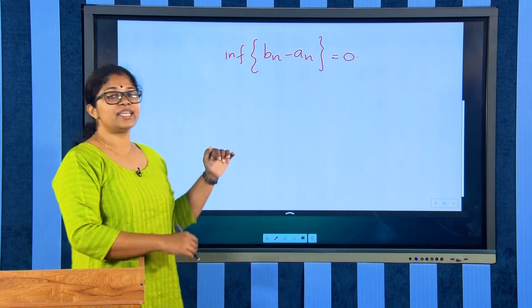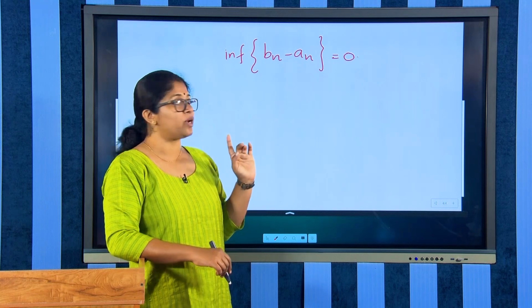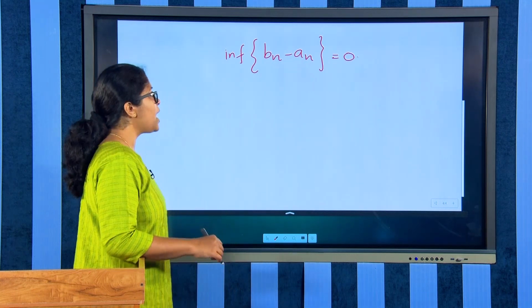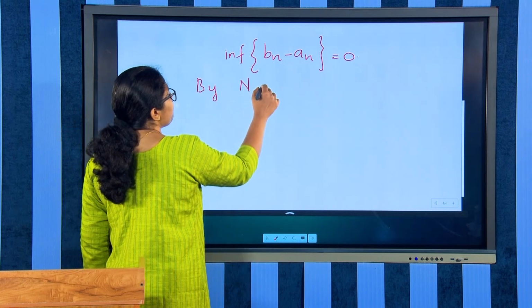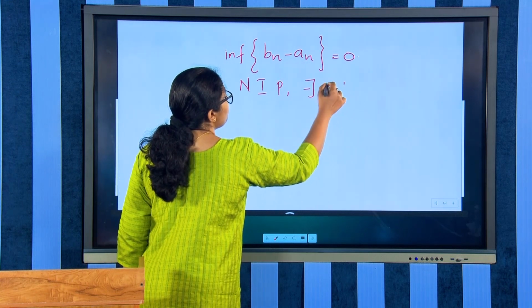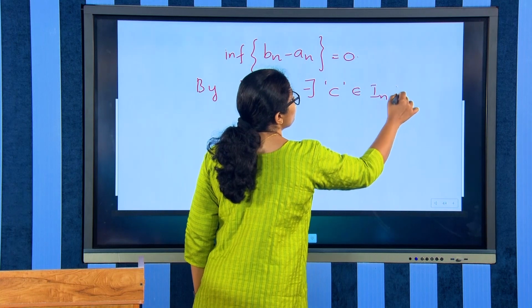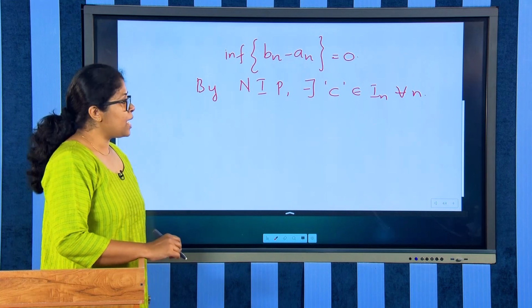So all these conditions could remind you of something that we have studied in one of the previous sessions, which is the nested interval property. And so by the nested interval property, there exists a common point C belonging to In for every n. Okay.